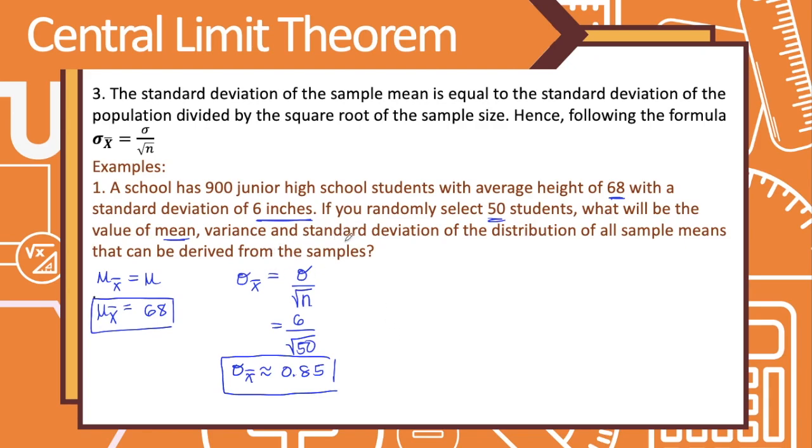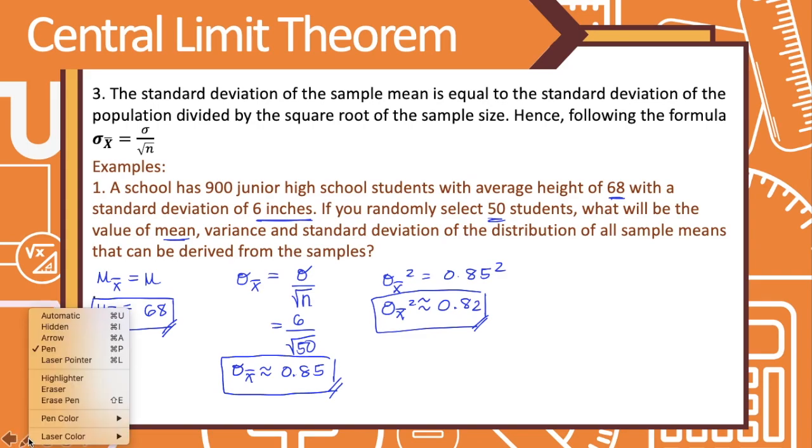And then we solve for the variance. The variance is simply the square of the standard deviation. So we just get the square of 0.85. And this is approximately equal to 0.72. So the mean again of the sampling distribution is 68, and then the standard deviation is 0.85, and then the variance should be 0.72 rather.